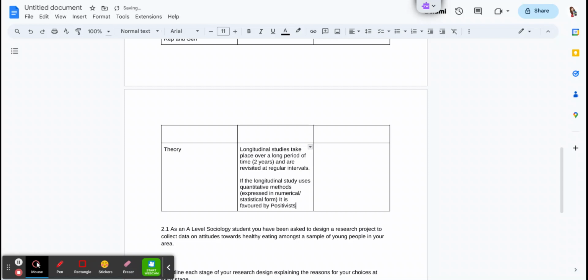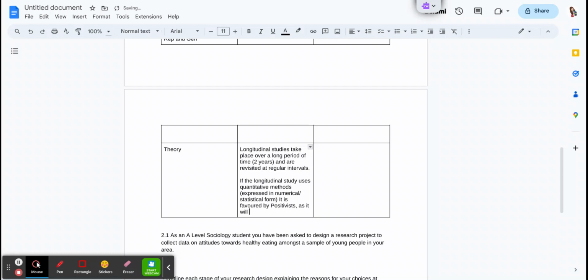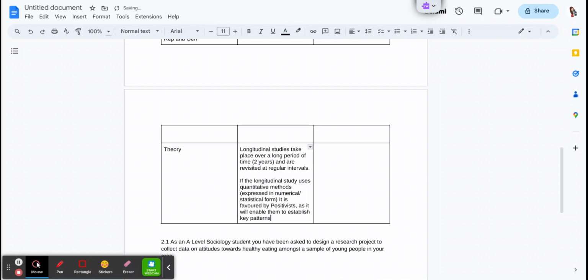positivists, as it will enable them to establish key patterns and trends.